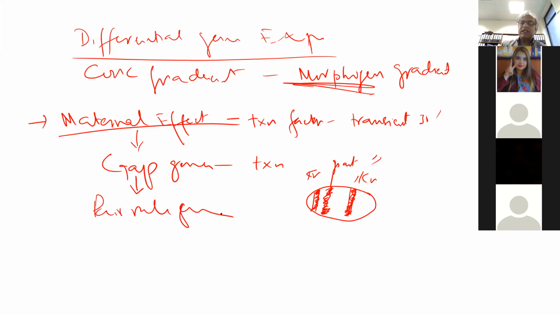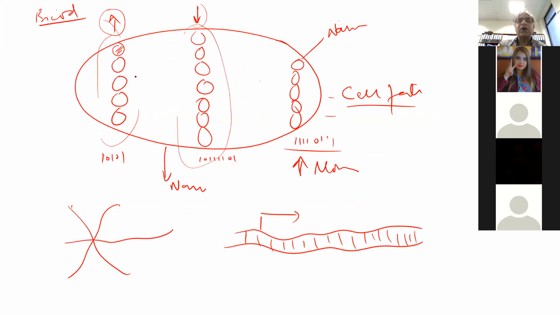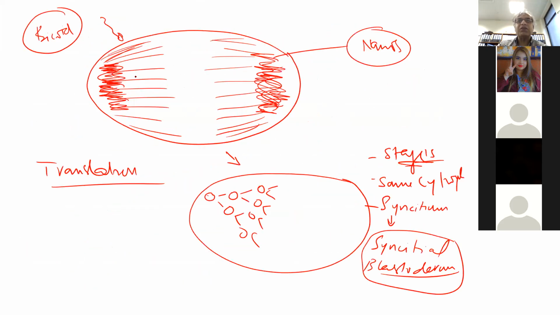Pair rule genes is the time where for the first time, and yeah, nobody of you asked me what happens after syncytial blastoderm. Do they ever become individual cells?